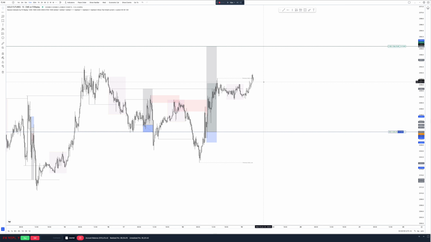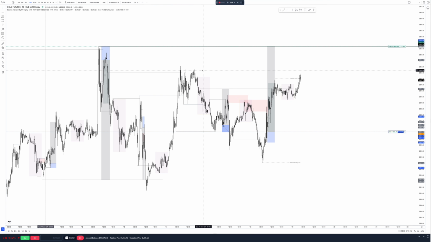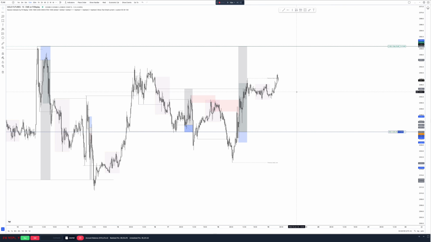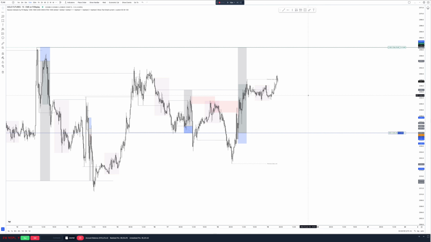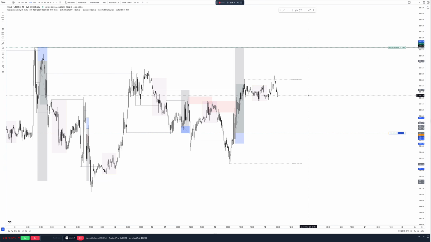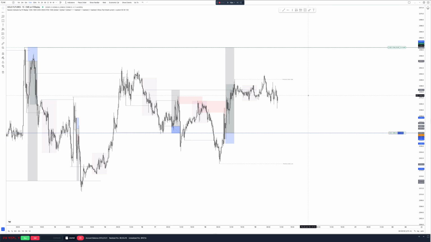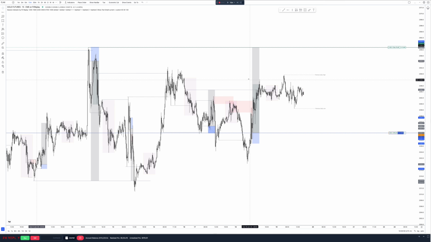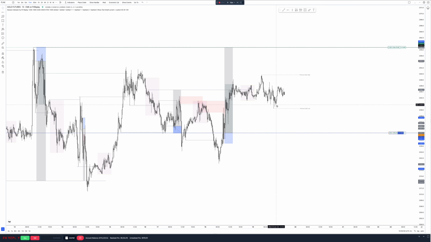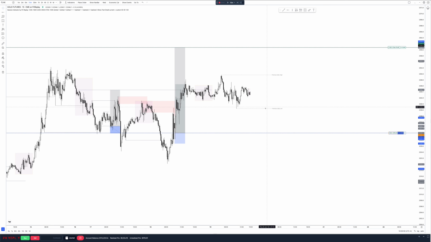Alright, high just got taken out over here. I do want price above here though, so let's see if we can get above there. And then possibly an entry. Interesting. Let's see.